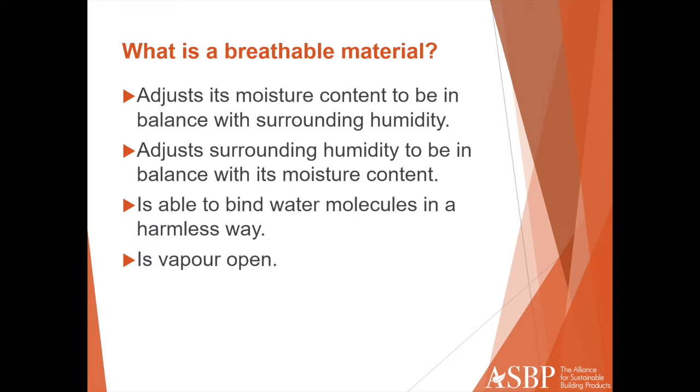The first thing is that a breathable insulation adjusts its moisture content to be in balance with the relative humidity of the surrounding air. That it adjusts the relative humidity of the surrounding air to be in balance with its moisture content. They're different sides of the same coin, but you've got to see each one in isolation because there's an equilibrium there that really helps the system maintain balance.